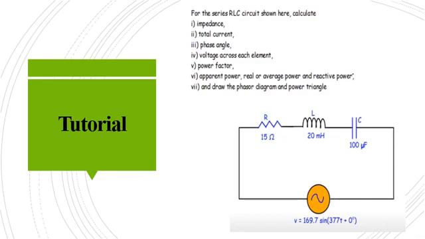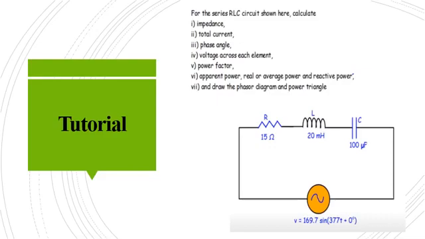Here the equation for voltage is given. From the equation of voltage, we know that Vm will be 169.7. From that we can find Vrms.